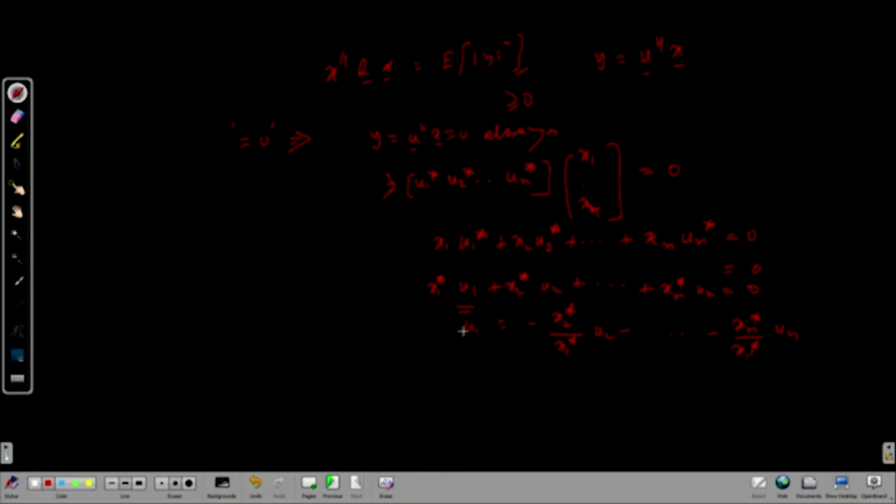So though u1 is a random variable, it is basically having a linear relation with the rest. If I know the rest, I know u1. That is, u1 does not have independence; we say they are linearly dependent.